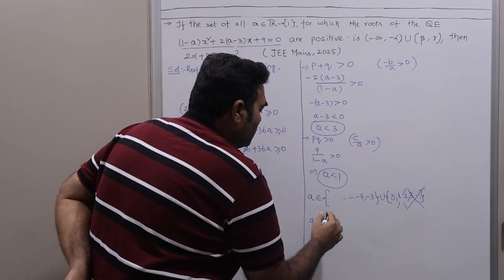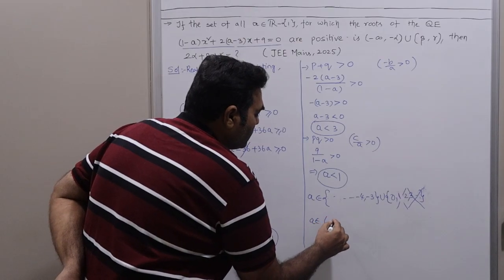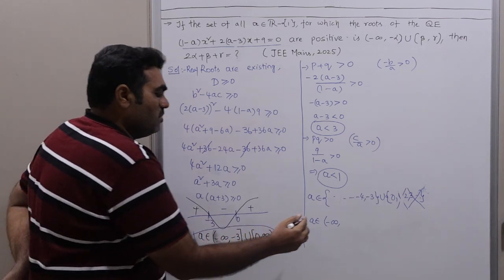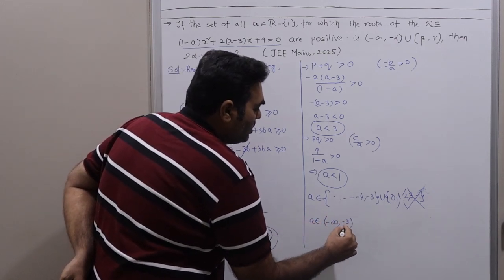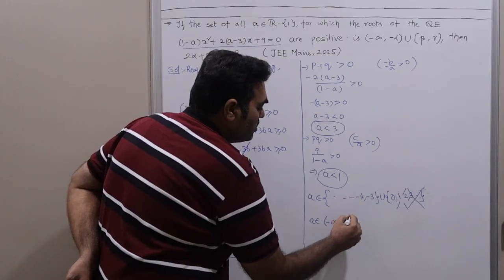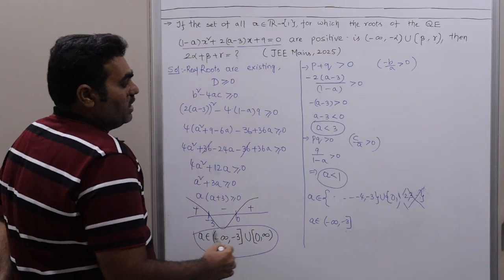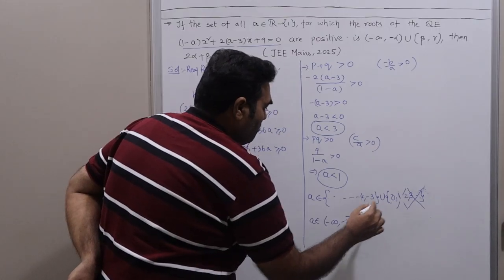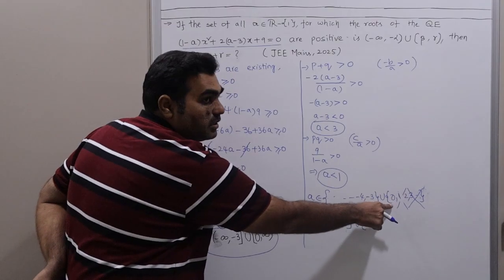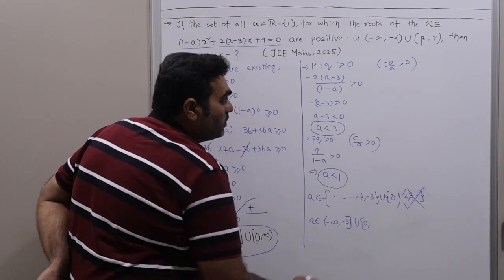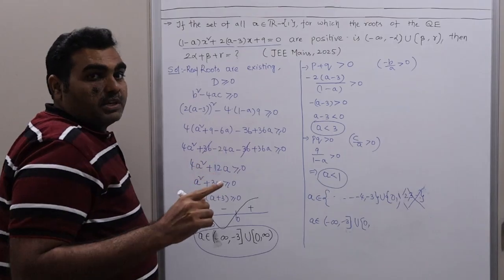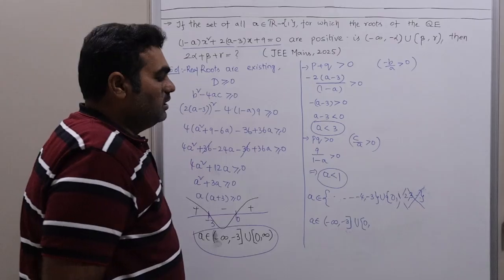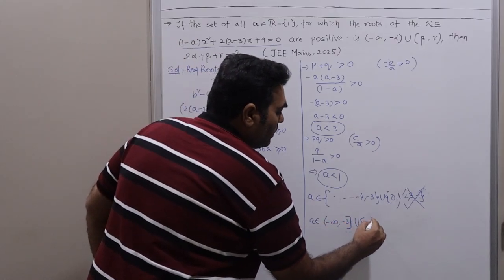Let me write completely. Minus infinity is already included, minus 3 may be included in the condition. This is an open interval, closed interval, and then union, once again I am trying to write beta. So 0 will be there in the interval, and we will be closing from 1 onwards. That means 1 open interval.